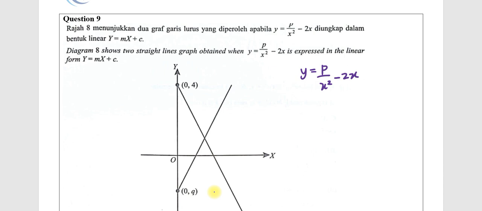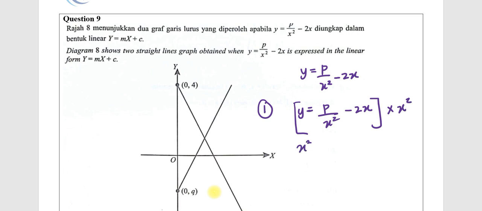Nampak faham? Okay, the first one mungkin dia eliminate x square ni. Okay, so first method dia buat dia darab dengan x square lah. Dia akan jadi apa? x square y equals to p minus 2x cube.